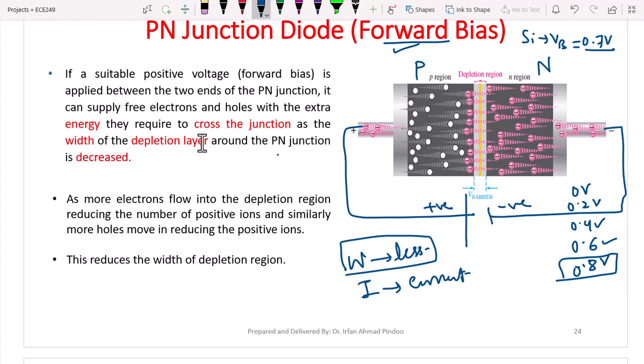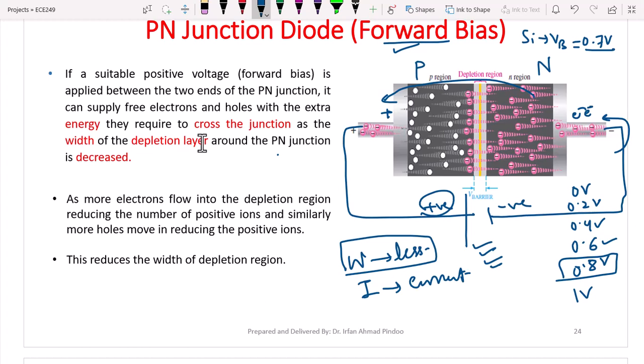Once we increase the potential, suppose it is 1 volt now, the positive terminal of the battery will attract electrons. Electrons are majority in the N, so they will be crossing the junction. The more voltage we apply, the more electron movement from N to P, and with the negative terminal of the battery here, more electrons will be replenished. Okay, so in this way we will have a free flow of current when we have a forward bias.